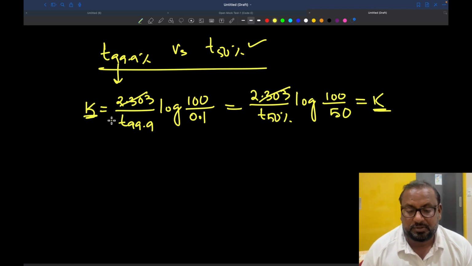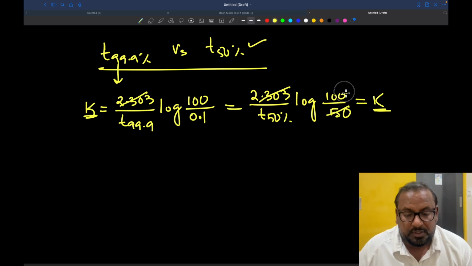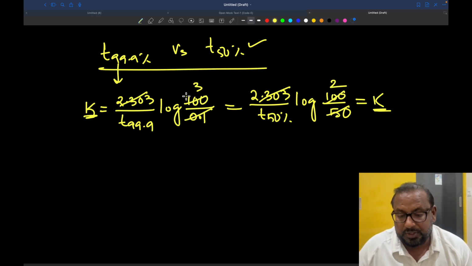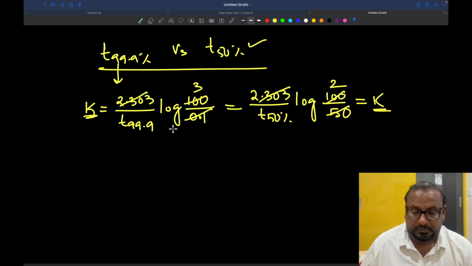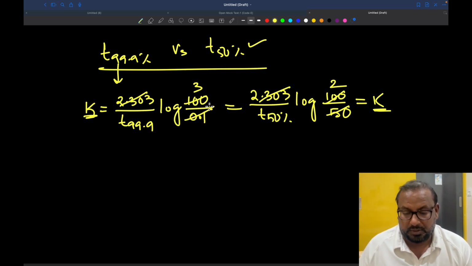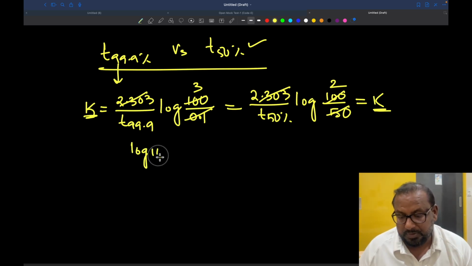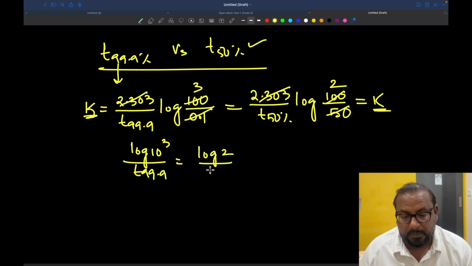So 2.303 cancels out. This gives log 10 power 3 by T 99.9% equals log 2 over T 50%.